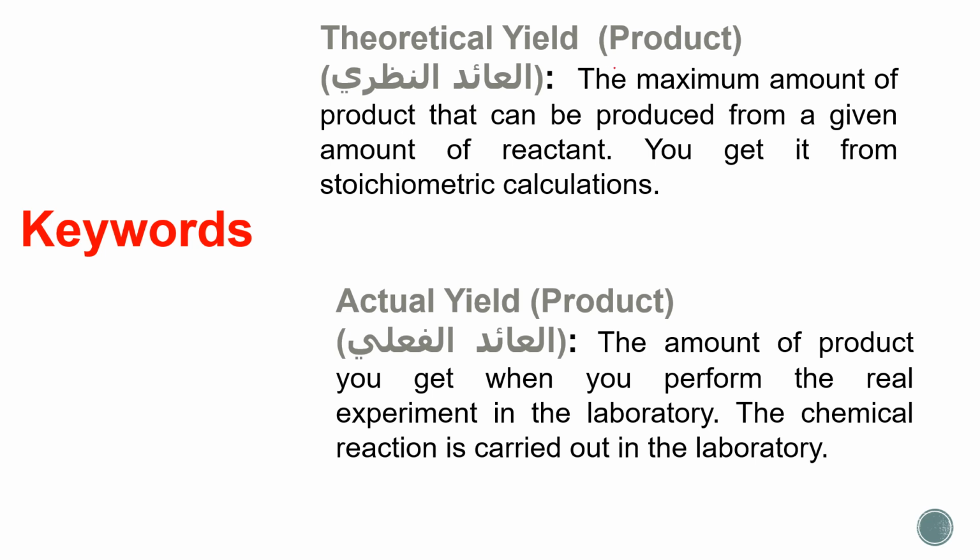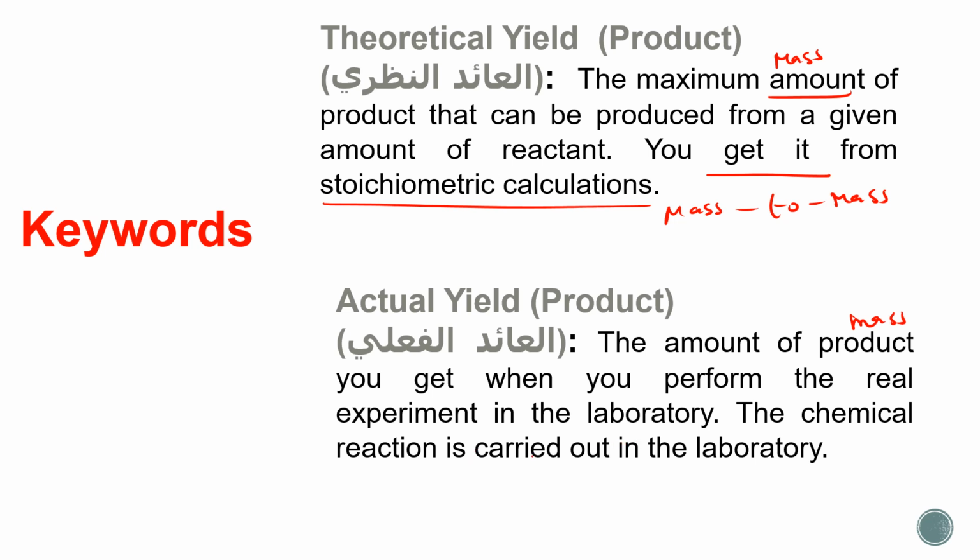So again, what's the theoretical yield of the product? It's the maximum amount of mass of product that can be produced from a given amount of a reactant. You get it from the stoichiometric calculations اللي هي الماس to mass calculations. The actual yield is the amount of product you get, or the mass of the product you get, when you perform the real experiment in the laboratory.